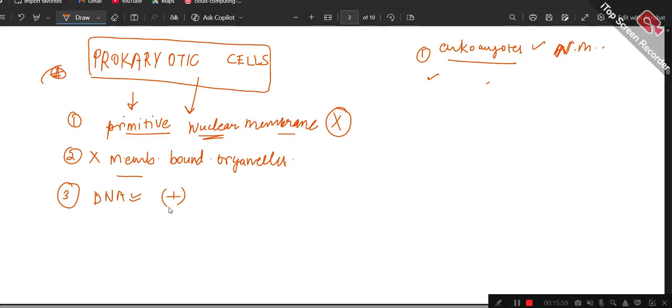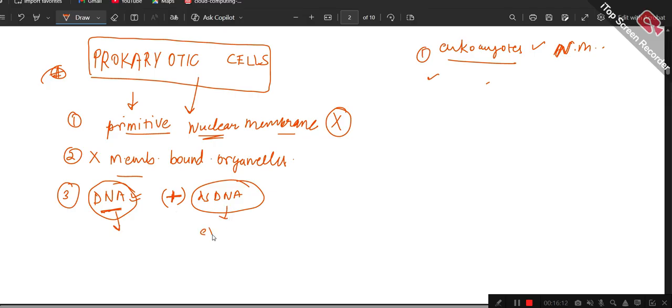And a very important thing: there would be another kind of double-stranded DNA found, which is not the major one that does all the cell functions.